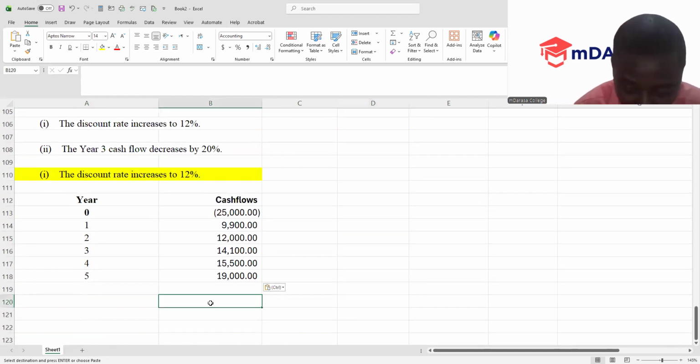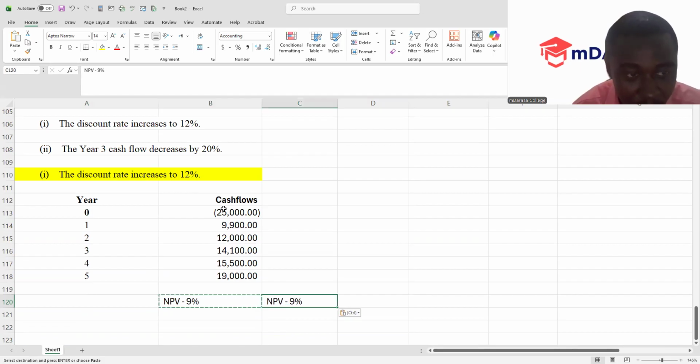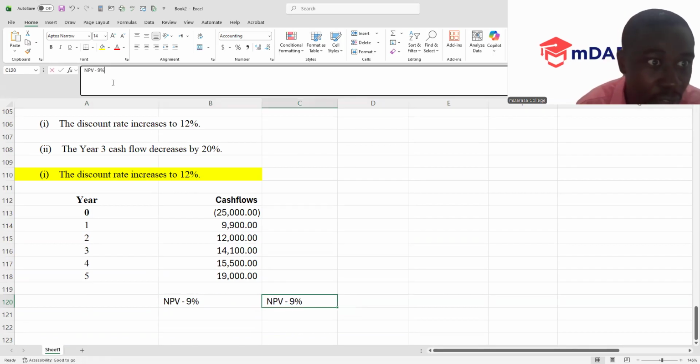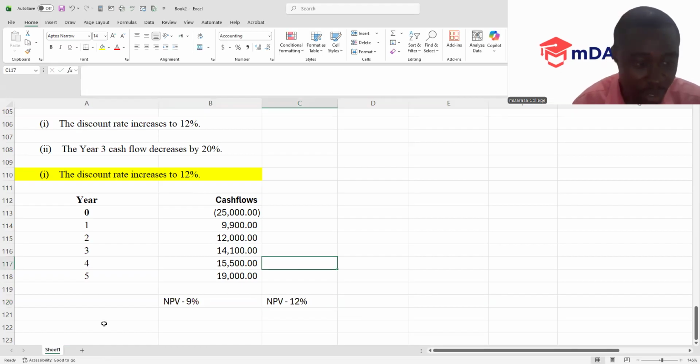NPV, our current rate was 9%. We compare. And we need to do a sensitivity analysis if our NPV is at the rate of 12%. What will we be having?